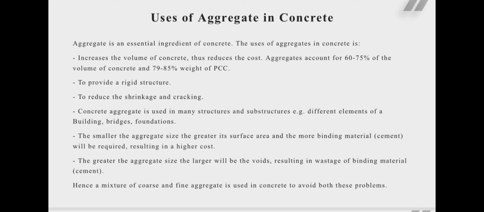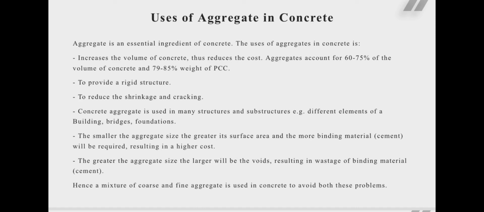To provide a rigid structure and reduce shrinkage and cracking, concrete aggregates are used in many structures and substructures, for example, different elements of buildings, bridges, and foundations. The smaller the aggregate size is, the greater its surface area and the more binding material will be required, resulting in higher cost.